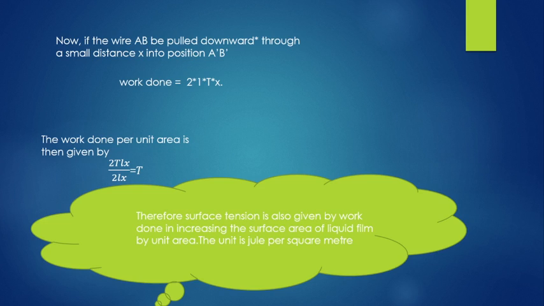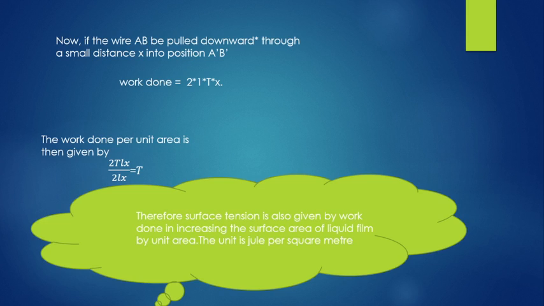So the next is work done per unit area. The work done per unit area is the work done divided by the area. The work done is 2 TLx divided by the area. The area of the new film is 2 into L into x. The area of the original film is 2L.